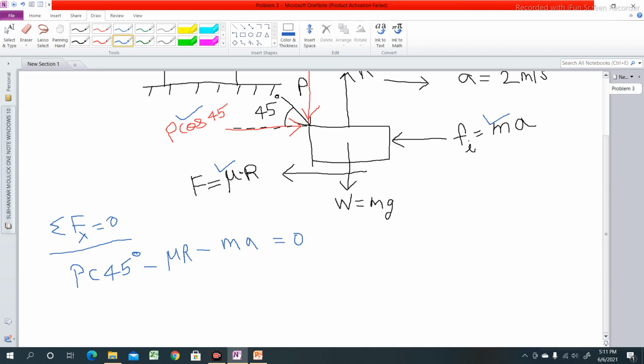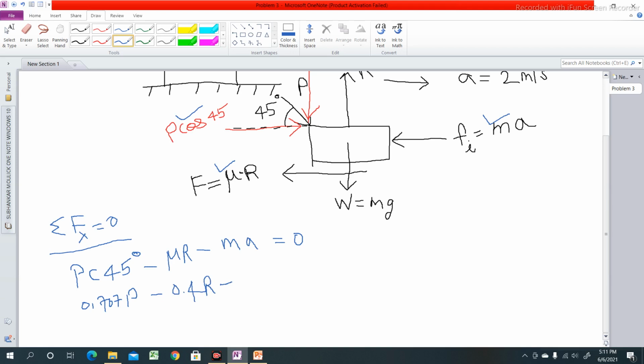So cos 45 is how much? Further, let us solve this equation. Cos 45 is 0.707. So let me write it as 0.707 times P minus, what is mu? Mu is the coefficient of friction given in the problem, that is 0.4, minus 0.4 times capital R minus m.